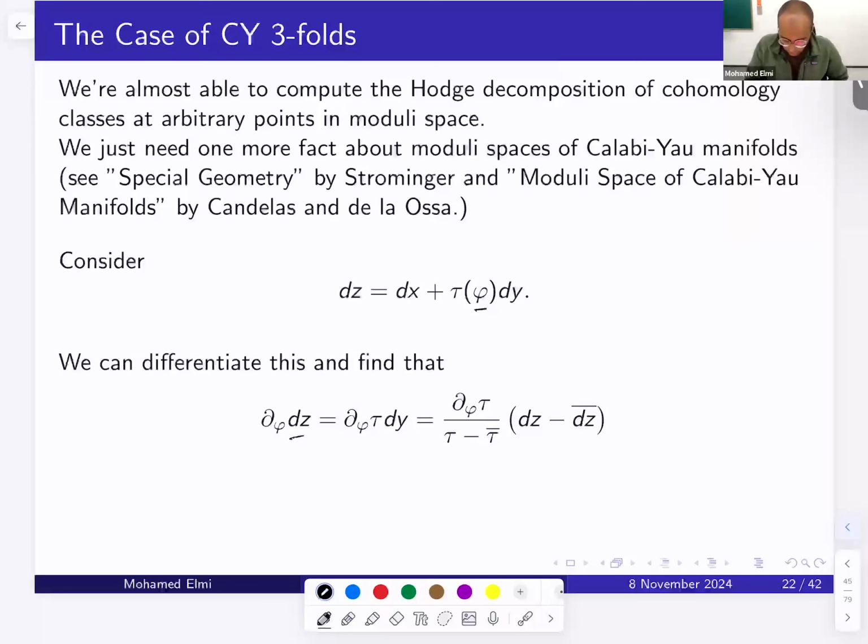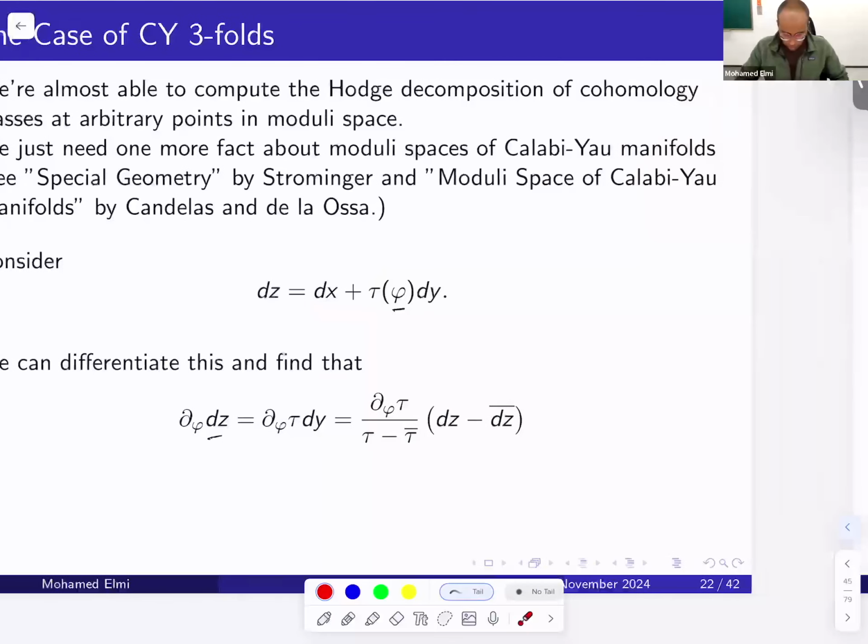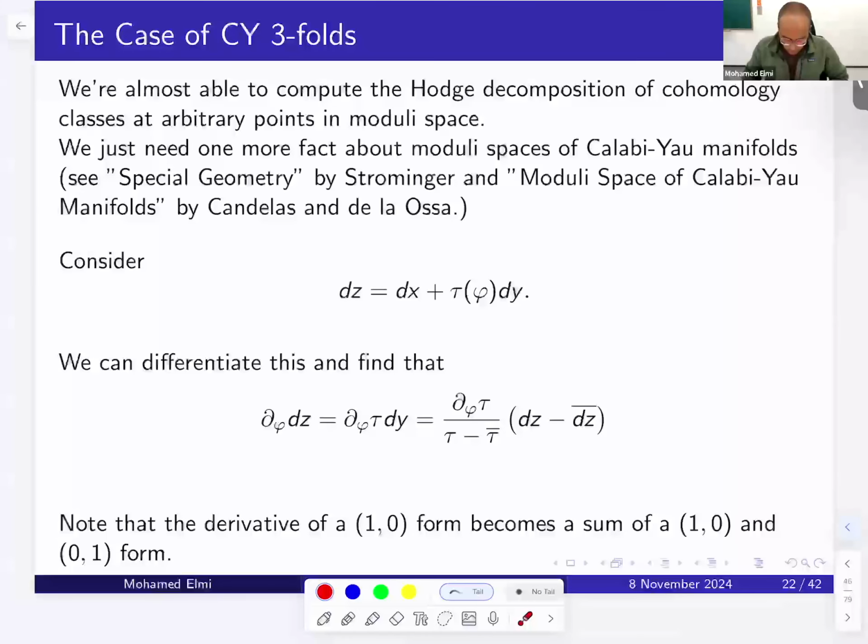The dx part gets killed. You end up with a derivative of this tau and this dy. But then the dy can be written in terms of this dz and dz bar. So it's a very simple demonstration. When you differentiate a (1,0)-form with respect to complex structure, you pick up a (0,1) part.